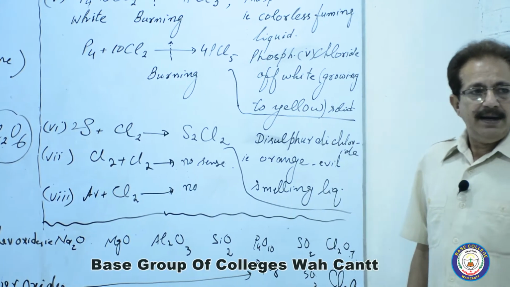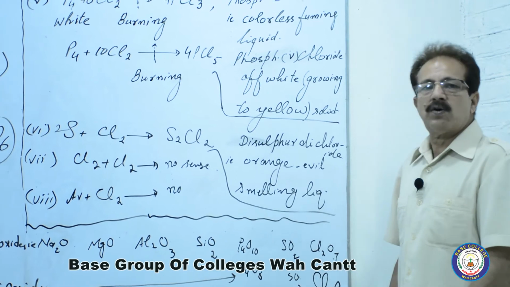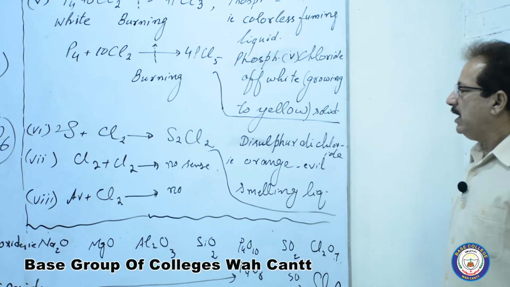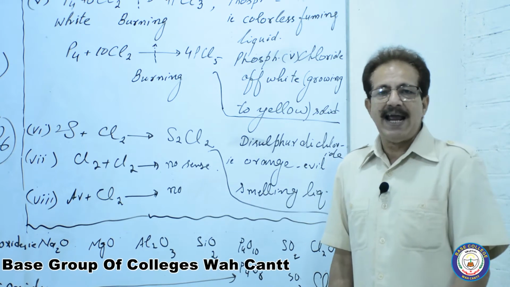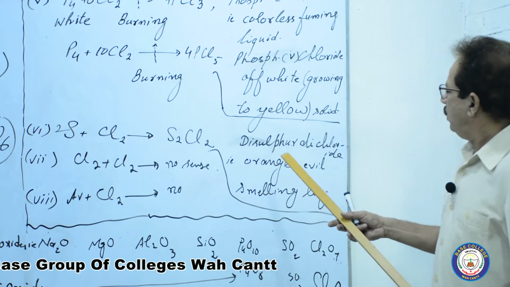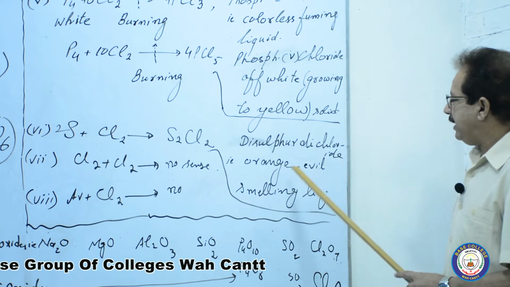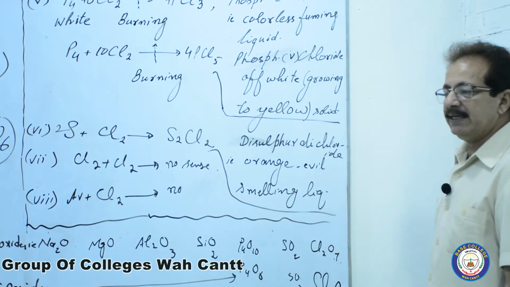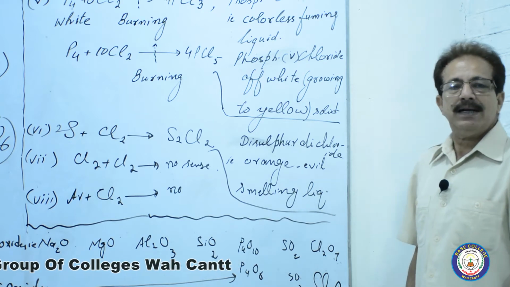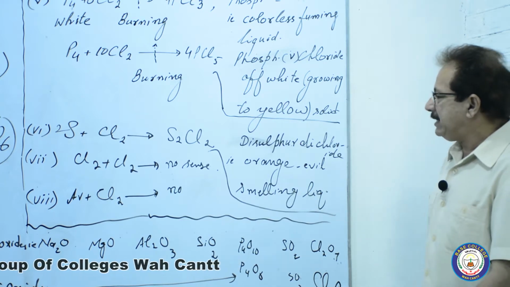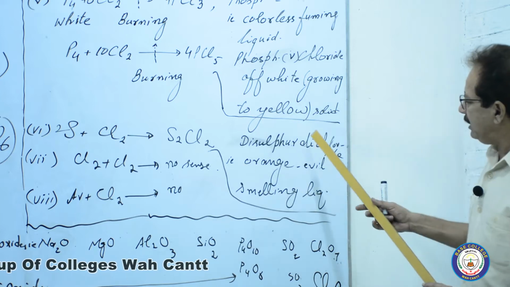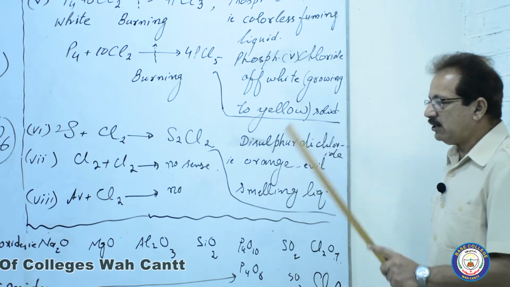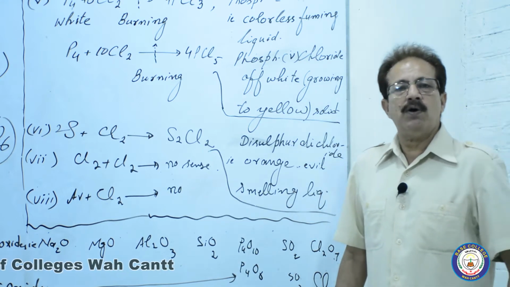After some time, we will make its structure as well. So, disulfur dichloride is an orange, evil smelling liquid, and it has its orange color. These two things, color and evil smelling, you have to remember for MCQs.